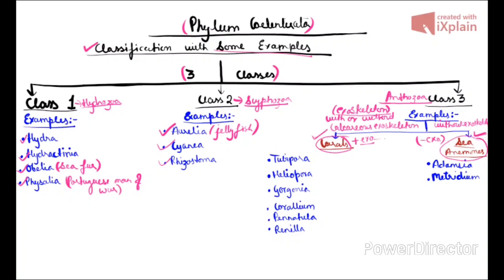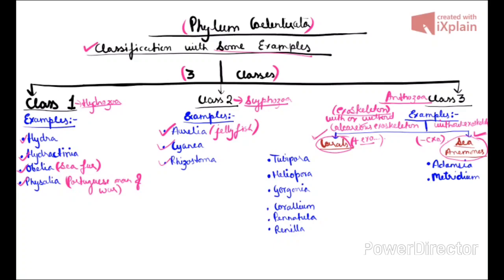So these corals have an exoskeleton made up of calcareous material, that is calcium carbonate, or we can say limestone. Whereas the sea anemones do not have an exoskeleton. Then the question arises: how do these sea anemones maintain their shape, structure and movement?